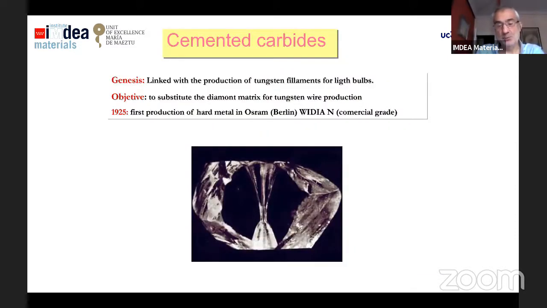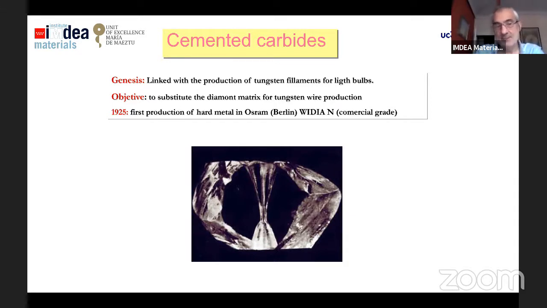Why? Because to produce the tungsten filaments, they needed dies for this wire production. And in that period they used diamond dies. So diamond dies were really expensive and not easy to prepare.